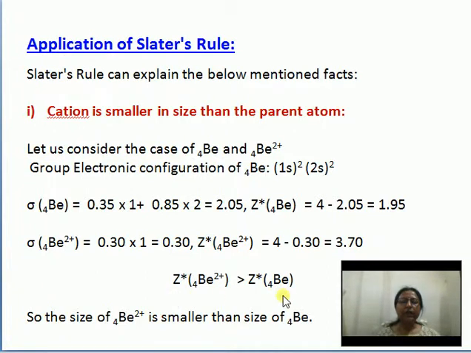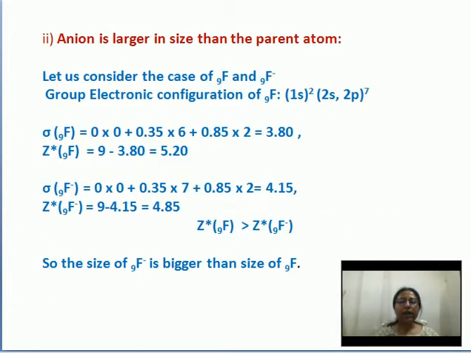This indicates that the electrons will be pulled towards the nucleus more if the Z star is more, and that will result in the size of the ion being less. So we can say that the size of the cation is always less than the size of the parent atom. In our last slide, I have shown you that the cation is of smaller size than the parent atom.